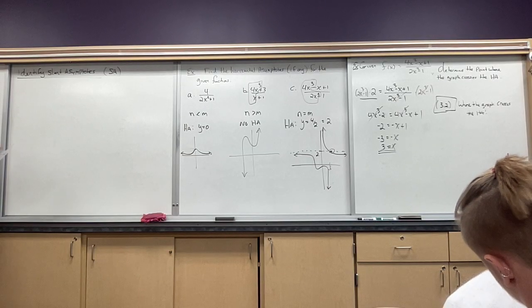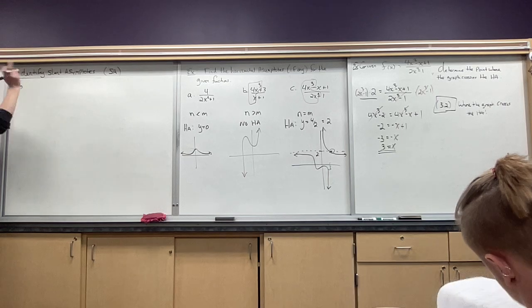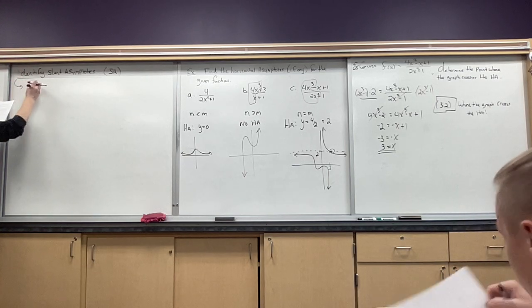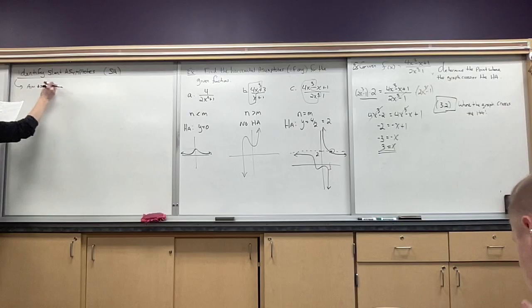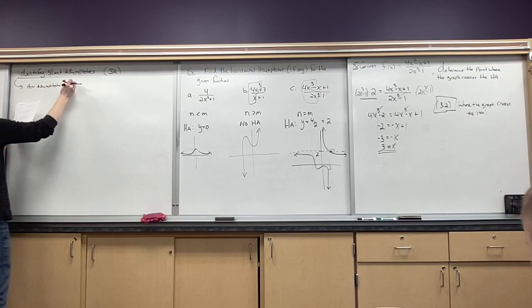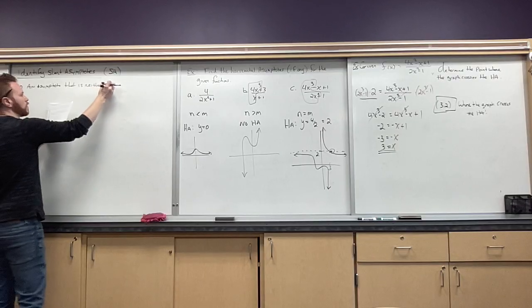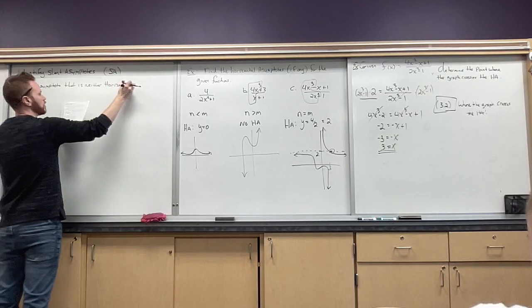There's a positive. So what's a slant asymptote? This is an asymptote that is neither horizontal nor vertical.